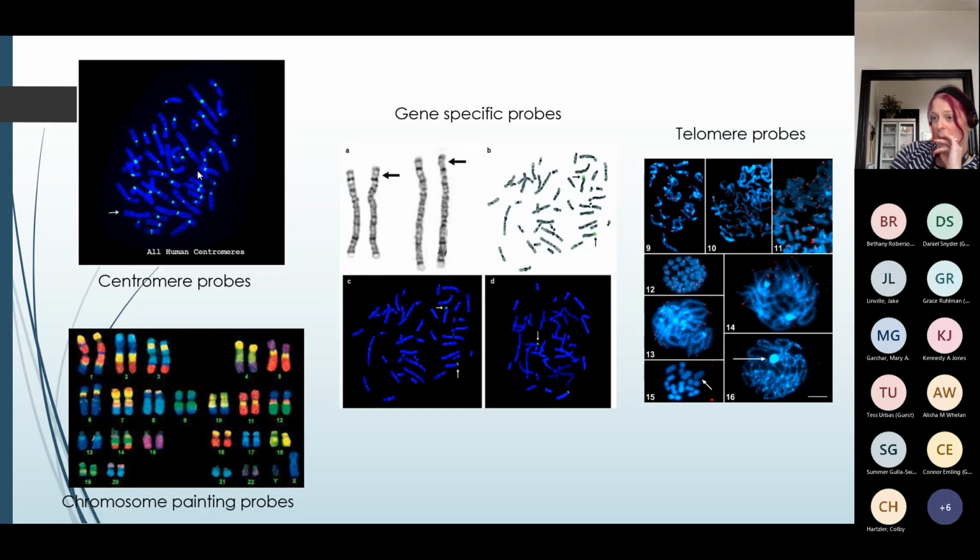So this is a general centromere probe, right? You can see that each of these dots represents a centromere on a chromosome, and you can count those and say, yeah, I have 46, or oh, I have 49. This is a chromosome painting probe. It's come a long way, but this will come with an ID where the kit says, these are all the colors that chromosome 1 should be in this order.